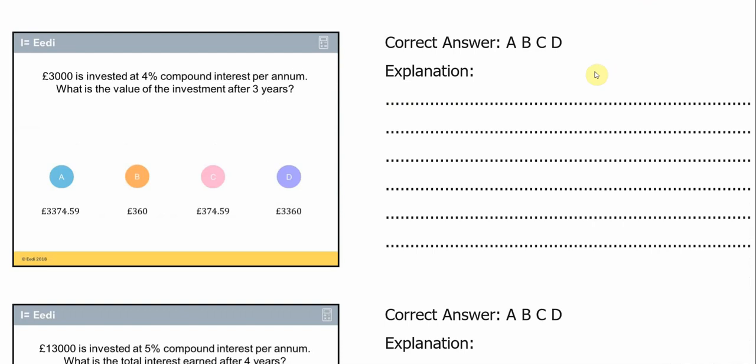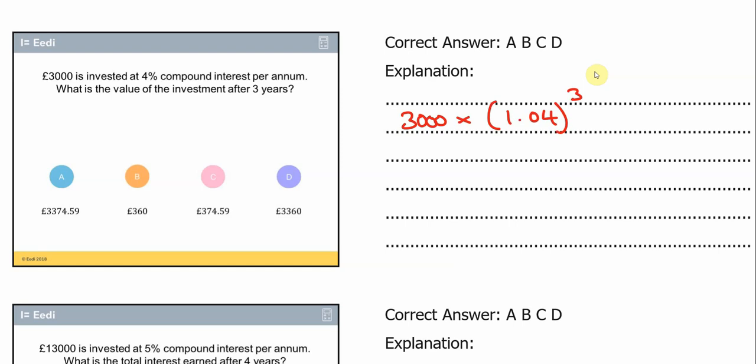£3,000 is invested at a compound interest rate of 4% per year. What is the value after 3 years? So we're going to do the starting value times by our percentage increase, which is up 4%, so 1.04, to the power of the years.